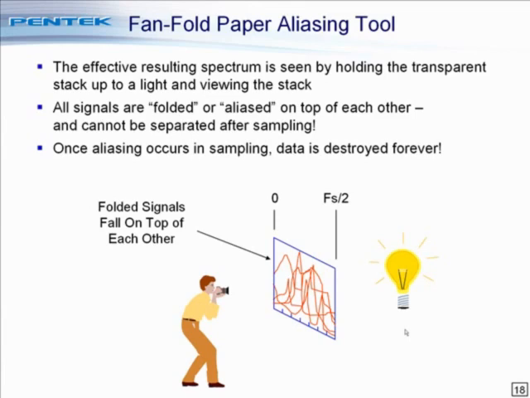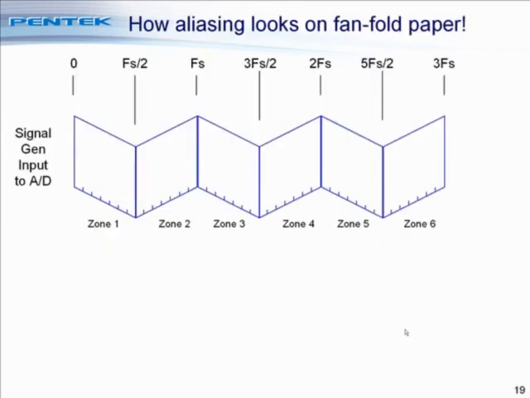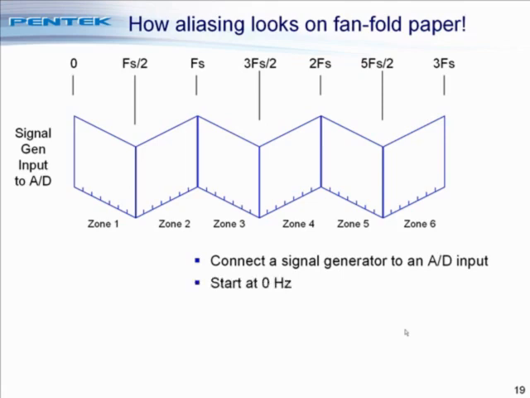So let's see, for example, how aliasing looks for a signal that's increasing from 0. In order to do this experiment, it gives you a really good feel for how this works. So we're going to connect a signal generator to an A to D converter, and we're going to start off with a signal generator at 0 Hertz.